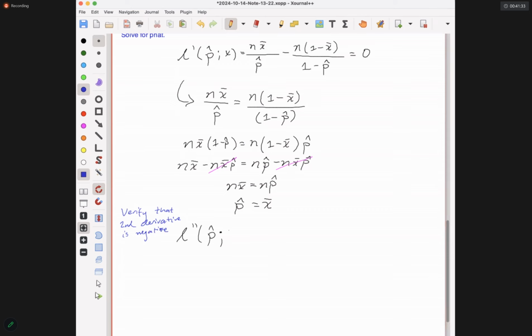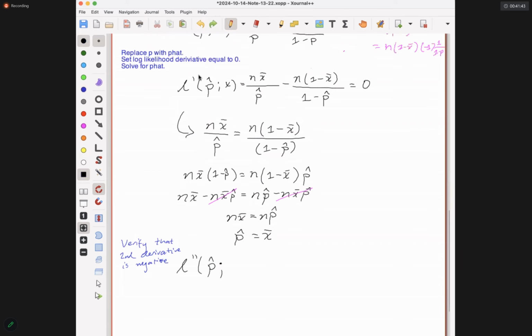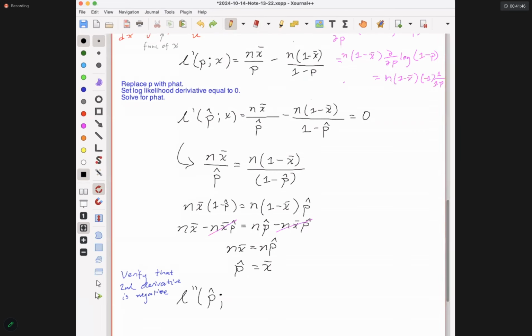And so we just have to differentiate what we had up here. Well, technically this one up here, because we haven't put in p hat yet.